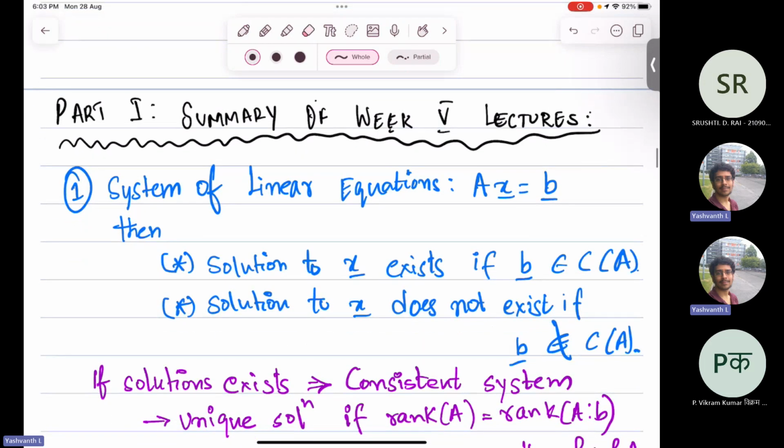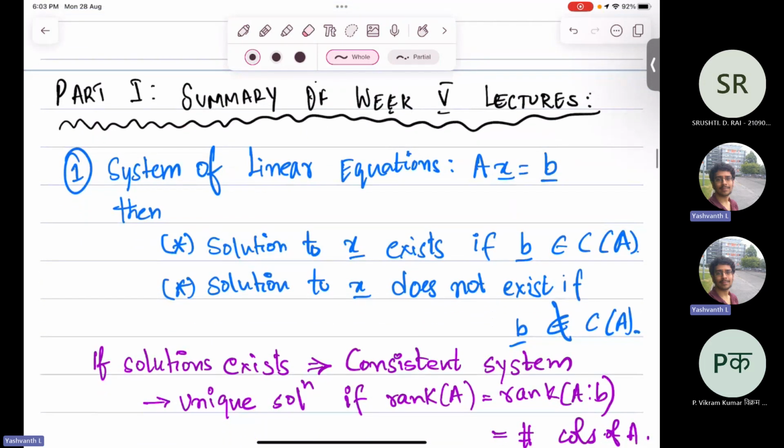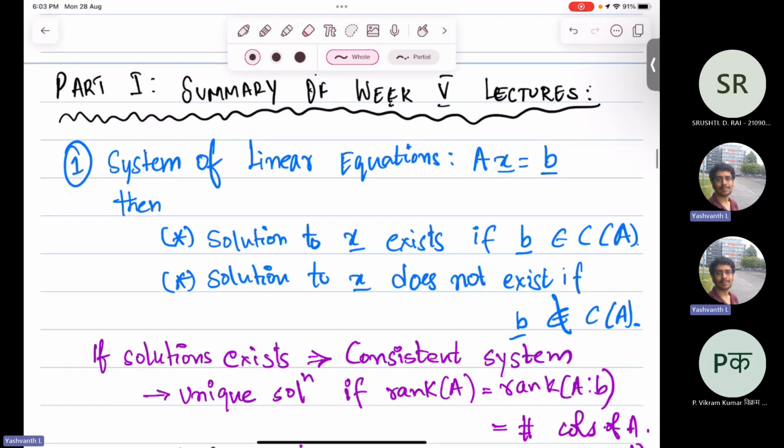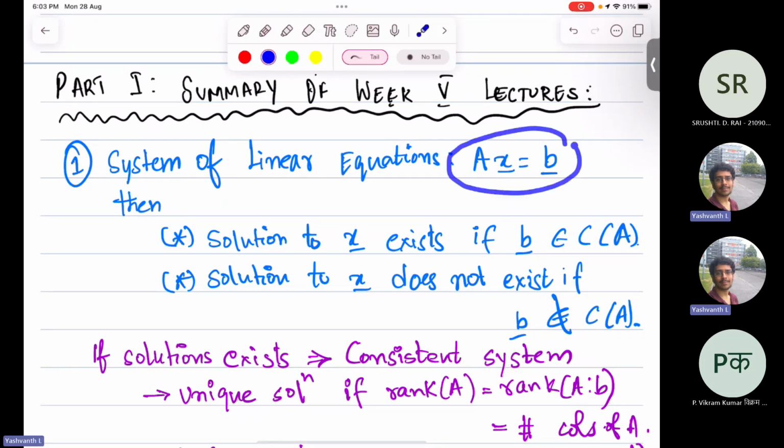To motivate what least squares is, I'm going to go back to the system of linear equations, which we saw in one of the earlier sessions in different scenarios. A system of linear equations can be described by the equation Ax = b. Here the x vector has all the unknown variables, the b vector is the observations, and A is the coefficient matrix that collects the linear coefficients of the variables.